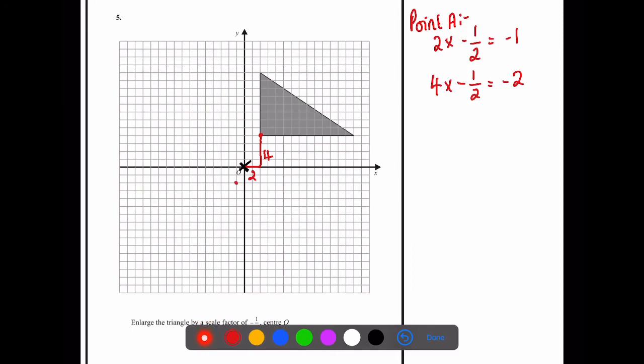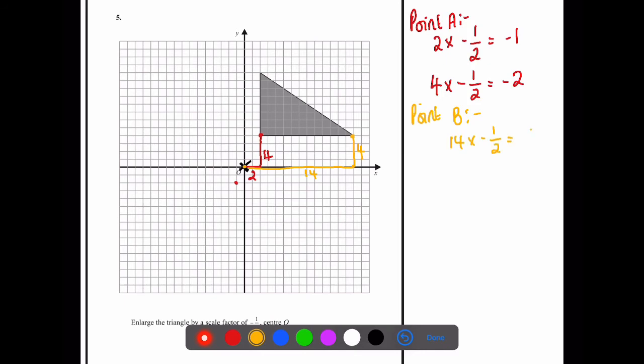Then we're going to do point B, which will be this one. Okay, point B. To get from here to here, it is 2, 4, 6, 8, 10, 12, 14. Okay, and then 4. So 14 times -1/2.